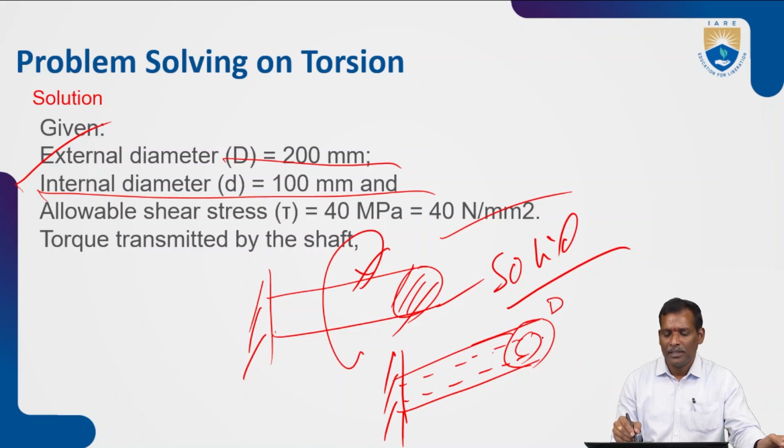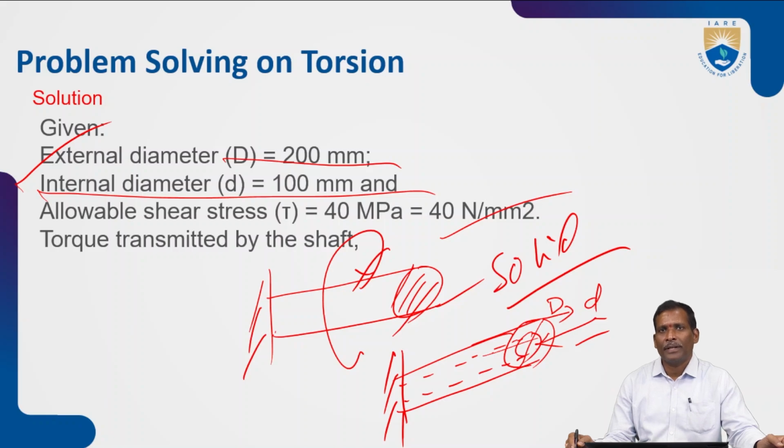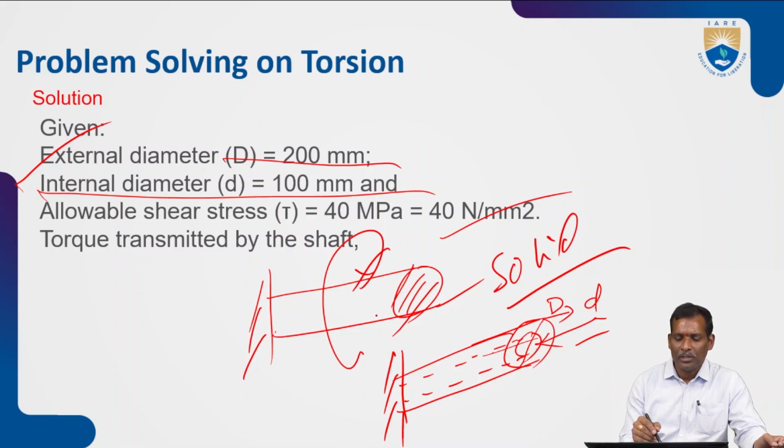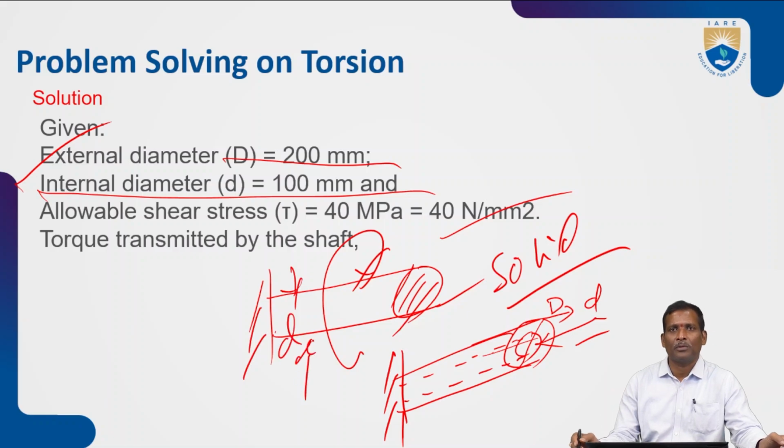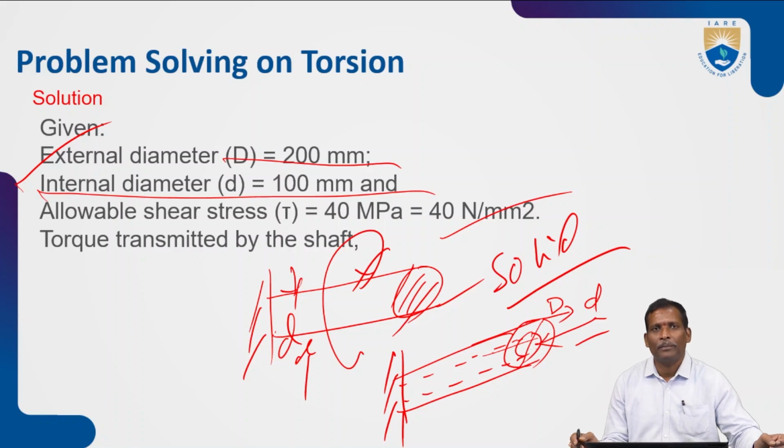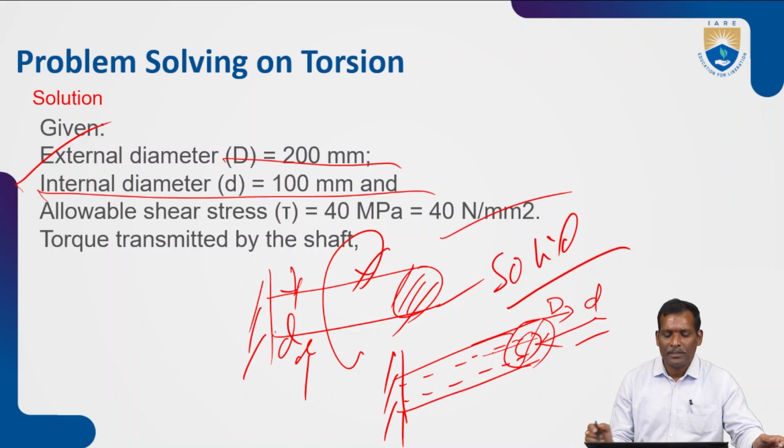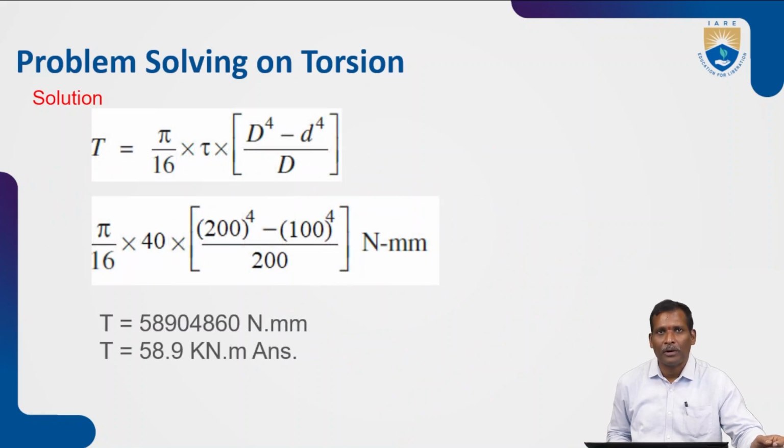One is capital D, another one is small d. In a solid shaft there is only one diameter, but in this hollow shaft the external diameter is 200 mm and the internal diameter is 100 mm. Shear stress is given. Now apply the formula.